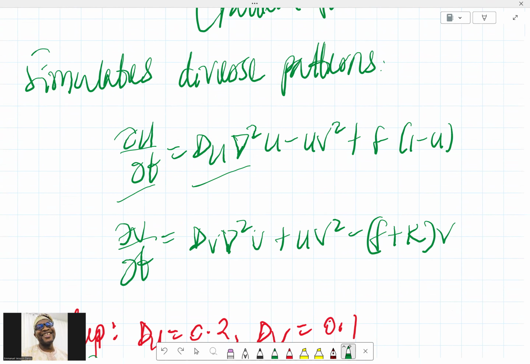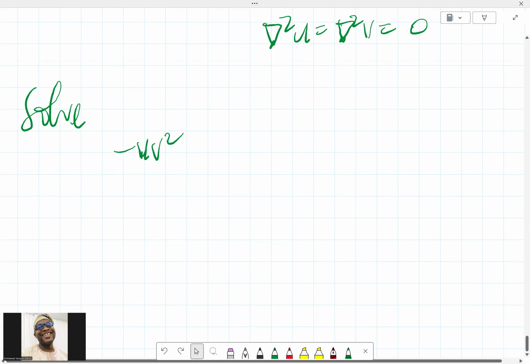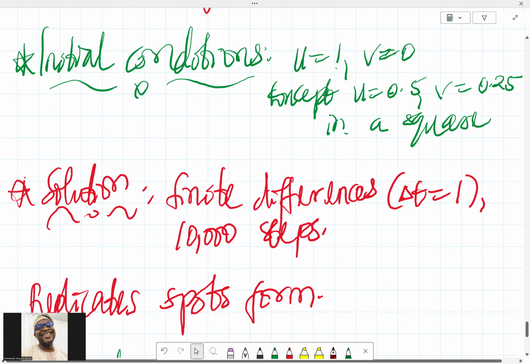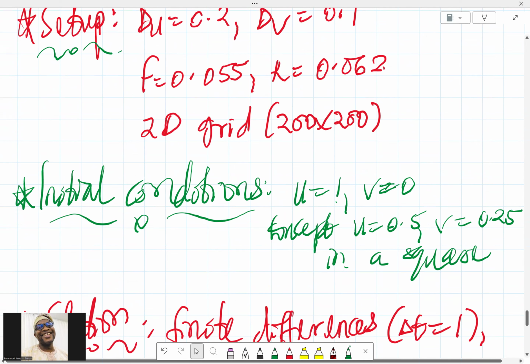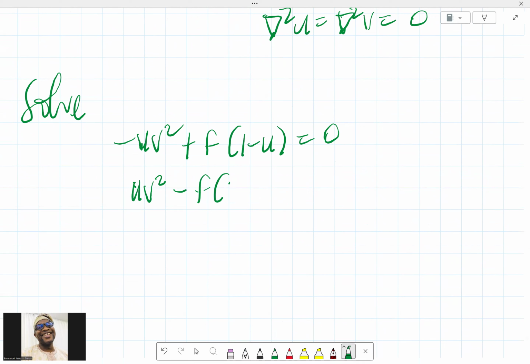Okay, so we want to solve minus uv squared plus f into 1 minus u equals 0. And then the other one is uv squared minus f plus kv equals 0.